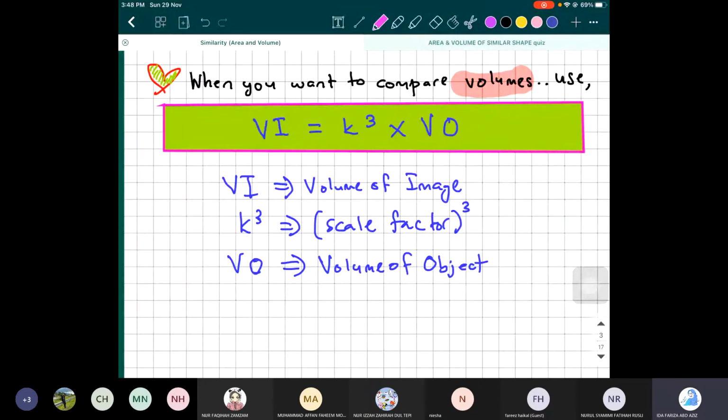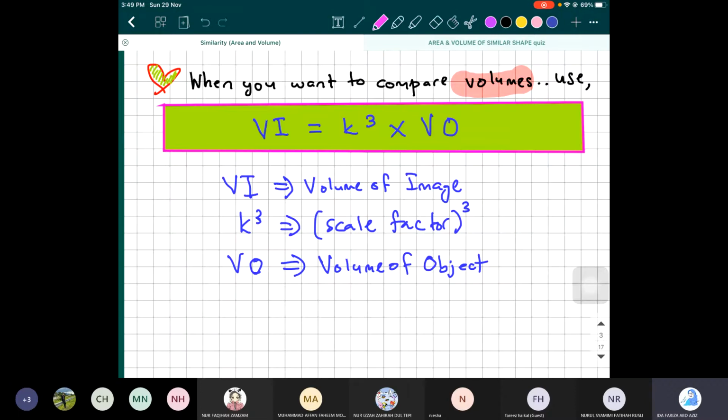Okay, before we go further, class, I would love to share with you that in this topic, similarity, actually, there's no object or there's no image. Maksud saya, because this is not a transformation.